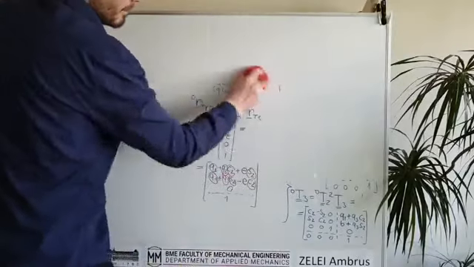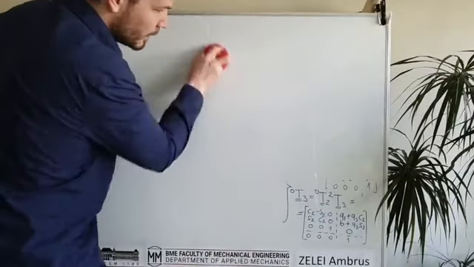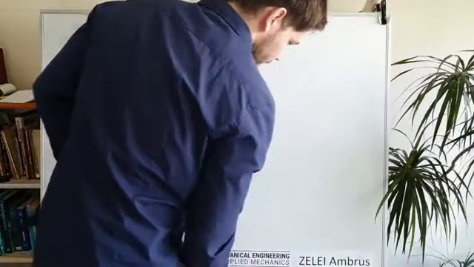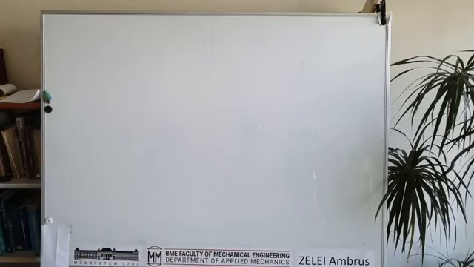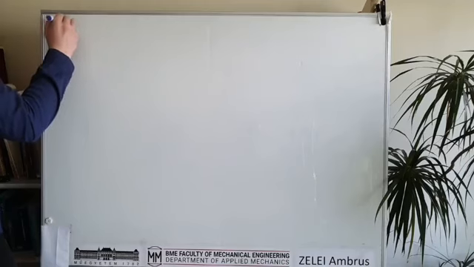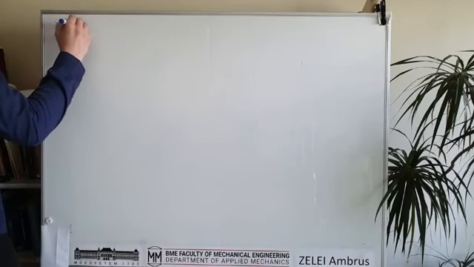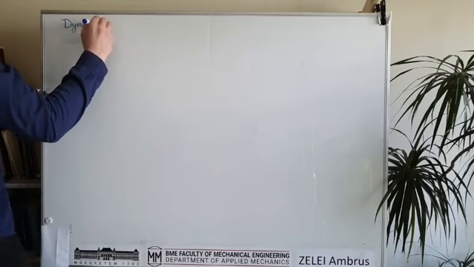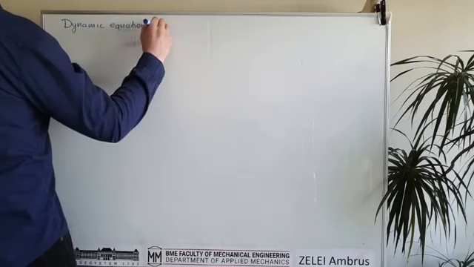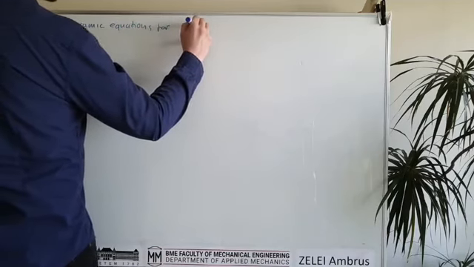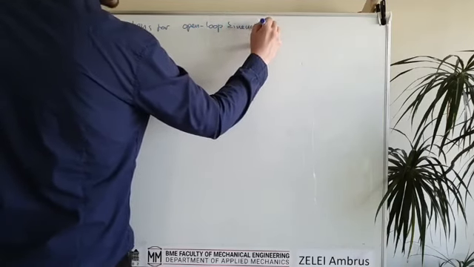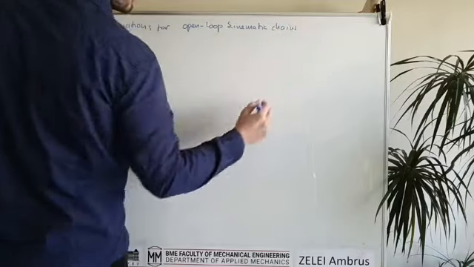And then let's go to the second iteration step of the Newton-Euler method. But first we will take an overview again. So the large title for now will be the dynamic equations for open loop kinematic chains or open loop robots.